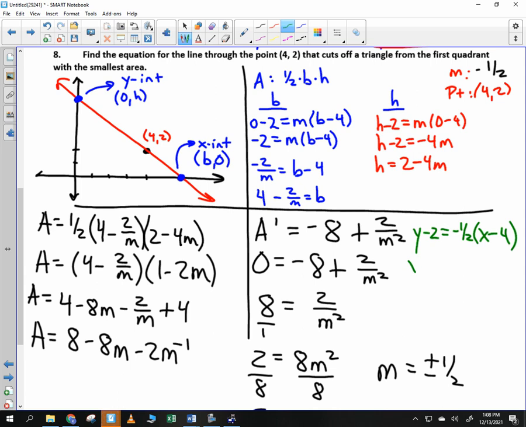Or y minus 2 is equal to negative 1/2 x plus 2. Or y is equal to negative 1/2 x plus 4. This cake upside down.